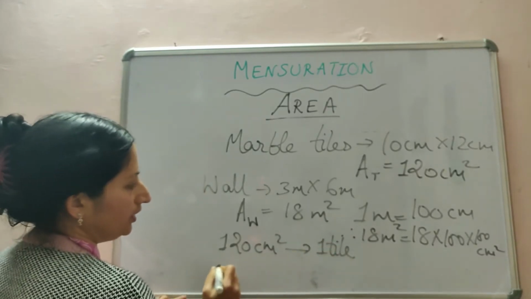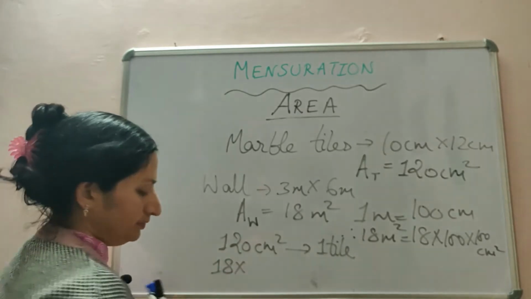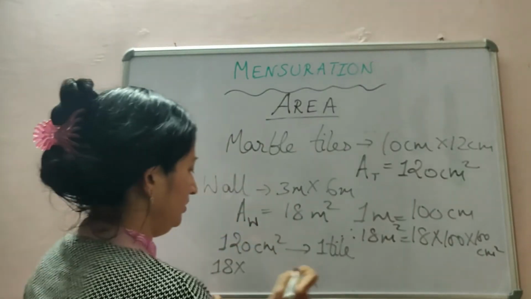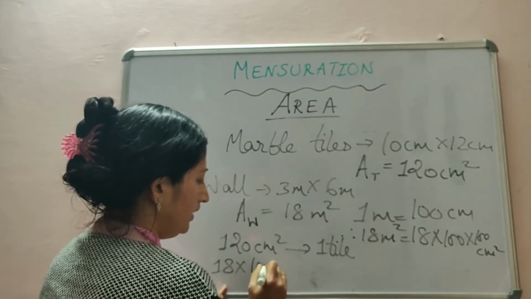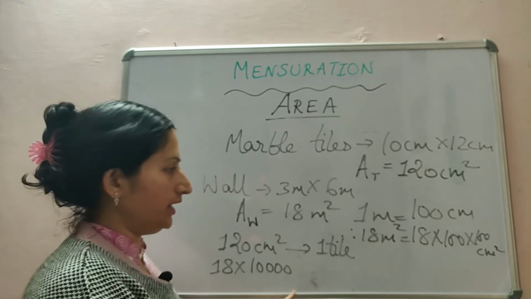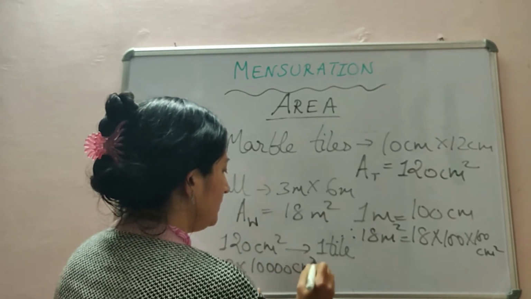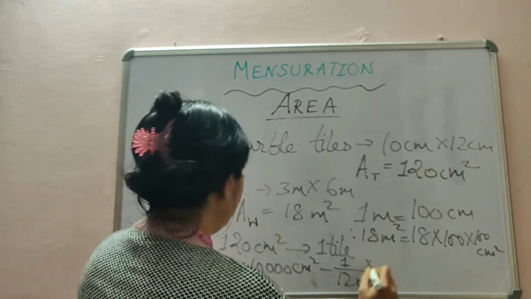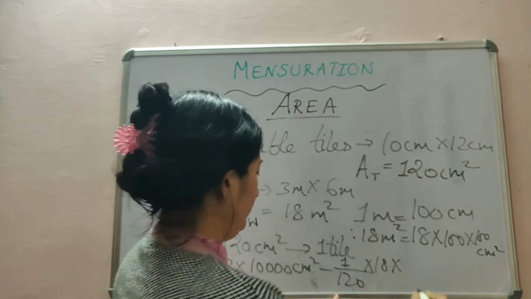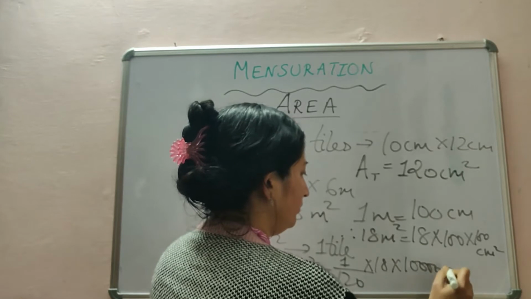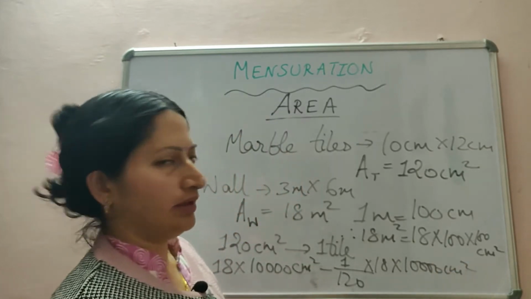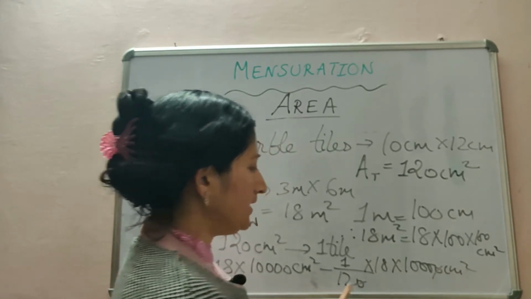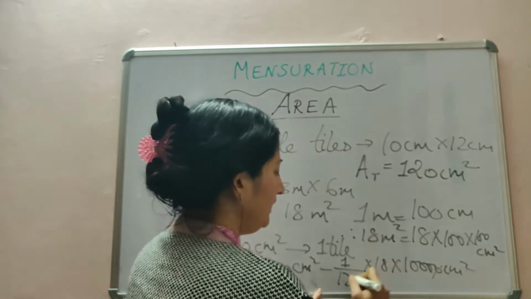So 18 into 10 to the power 4 centimeter square will be of 1 upon 120 into 18 into 10 to the power 4 centimeter square. Okay, students? So you can find out this value easily.